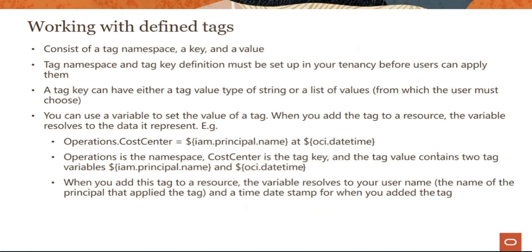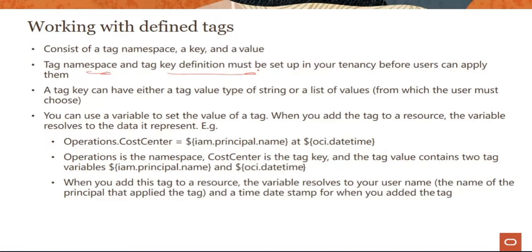So let's see how you work with these defined tags. As we saw earlier, defined tags consist of a tag namespace, a key, and a value. We just saw that in the previous two slides. The tag namespace and the tag key definition must be set up in your tenancy by someone.